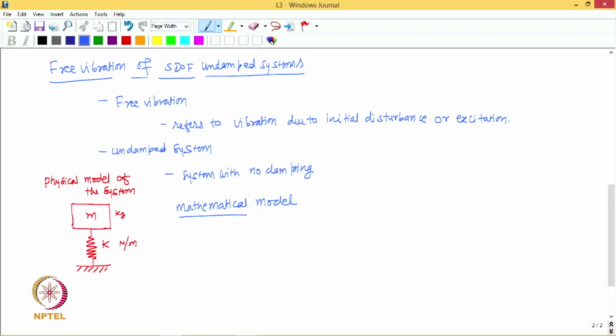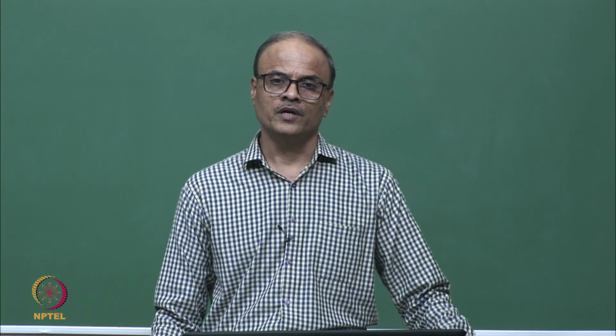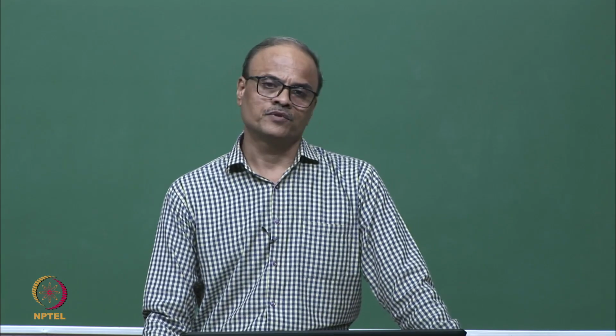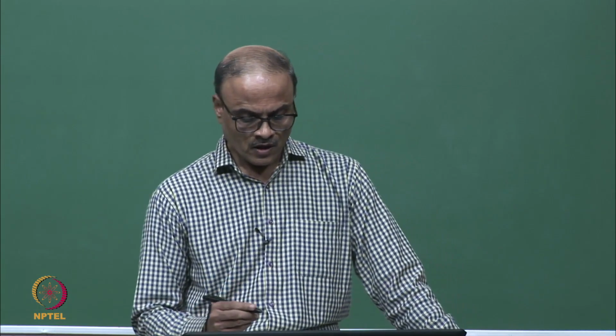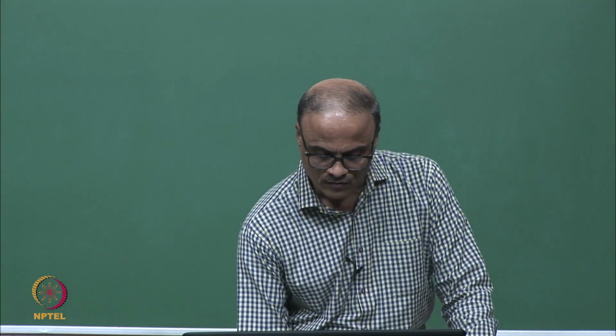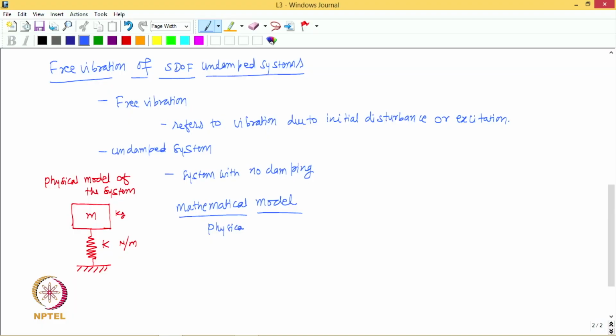So, to obtain the mathematical model we need to invoke the relevant physical law which describes the behavior of this system. There are alternative physical laws which are all equivalent, and any of them can be used to obtain a corresponding mathematical model of this physical model.